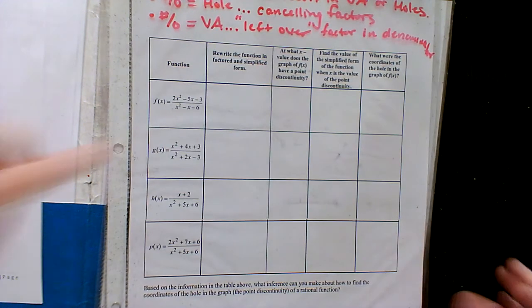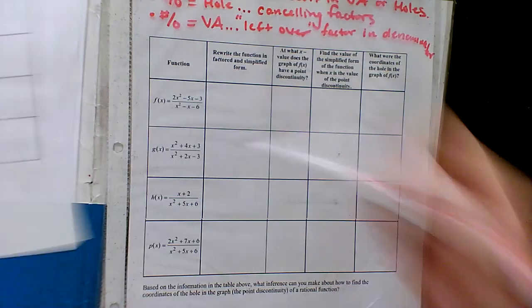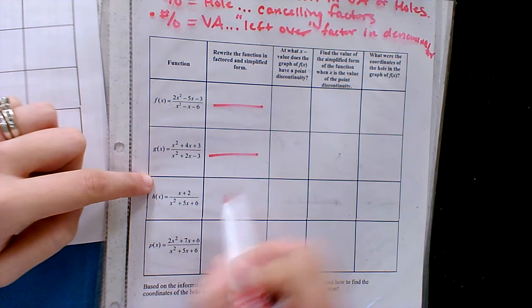These four examples are the same ones that we had on page 260. And in the first column here, they want us to rewrite it in factored form.